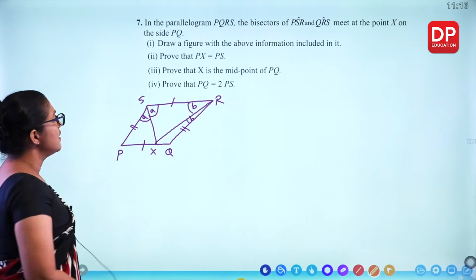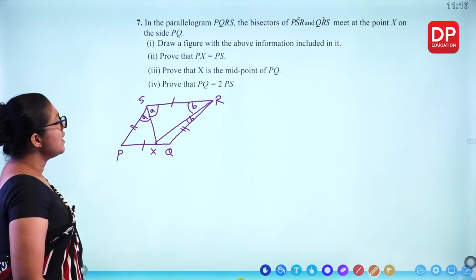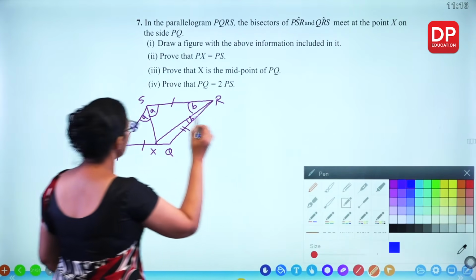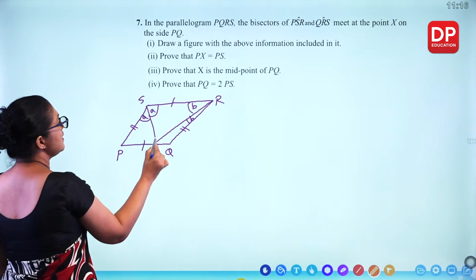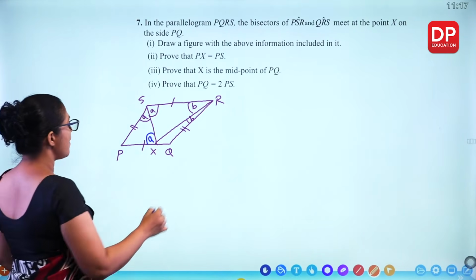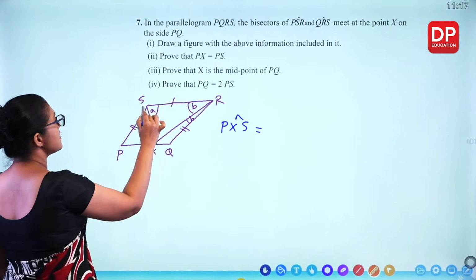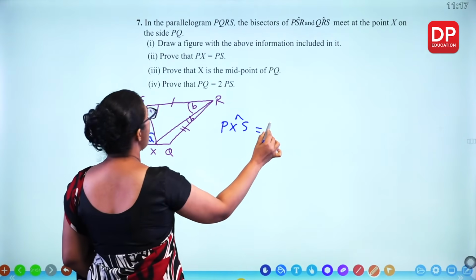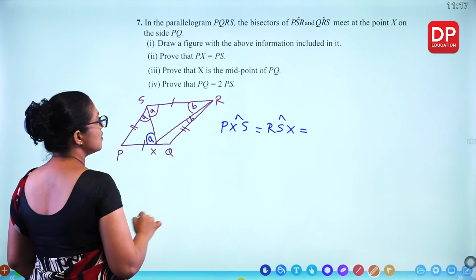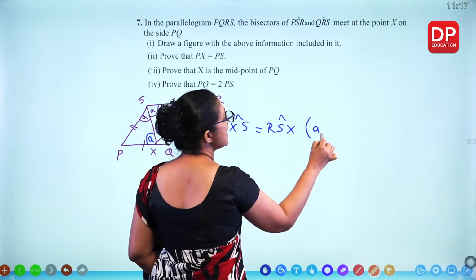PX is equal to PS. These two sides are equal. But we know in this diagram, this angle and this angle are equal. Why? Alternate angles. I can write PXS angle is equal to RSX angle, and this is because of alternate angles.